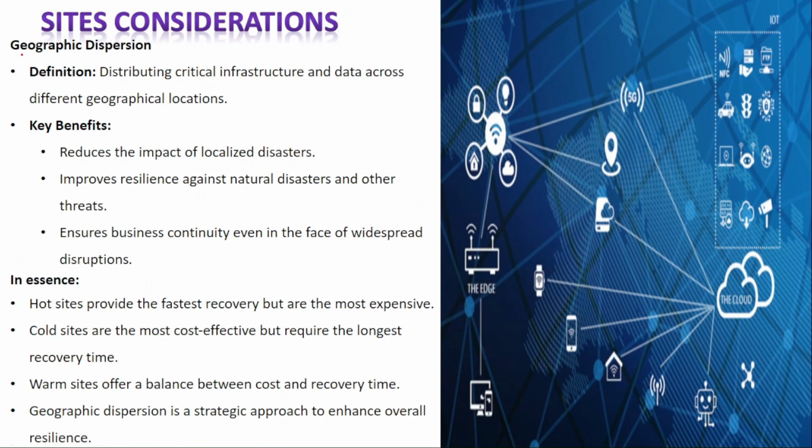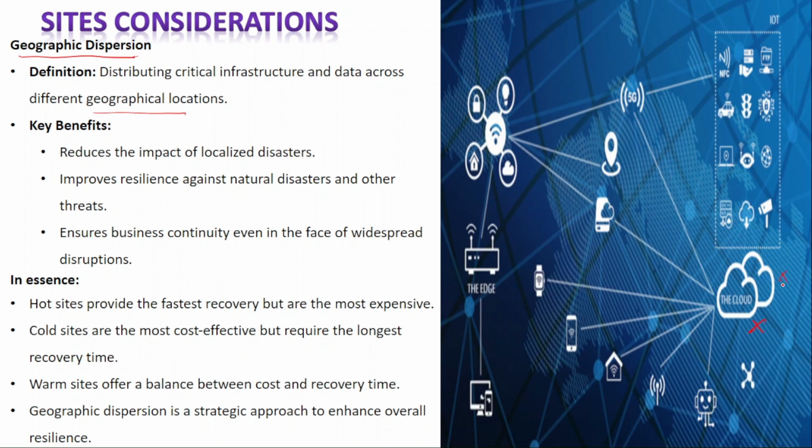Another side consideration is the geographic dispersion. This means distributing critical infrastructure and data across different geographical locations. This is, of course, for the purpose that, let's suppose, there is a major disaster at your primary site, such as a typhoon or a storm, and it physically destroys the data center.